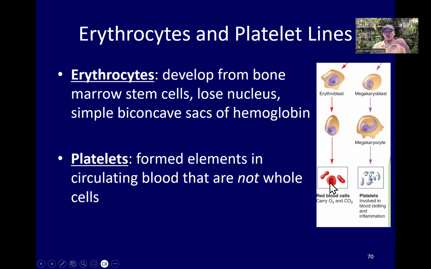This allows them to carry more hemoglobin. If you take biochemistry, you'll understand how the hemoglobin has a heme group, and that heme group can associate with different oxygen molecules. And there's some really cool protein dynamics that do happen that facilitate the binding of oxygen in the lungs and the dissociation of oxygen within the tissues.